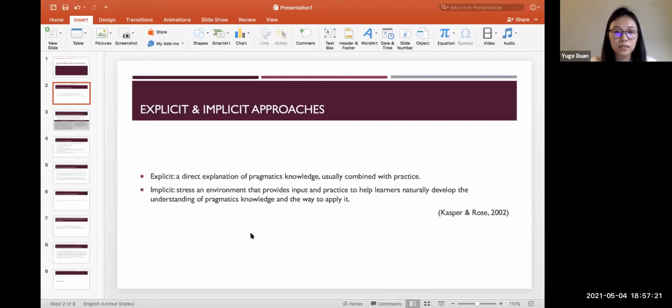The implicit approach stresses an environment that provides input and practice to help learners naturally develop the understanding of pragmatics knowledge and the way to apply it. So the explicit and implicit approaches have different stresses, although their goal is to teach pragmatics.